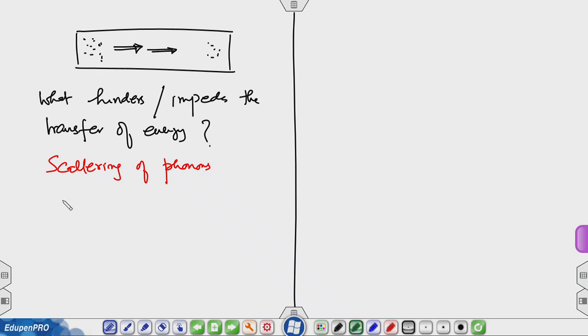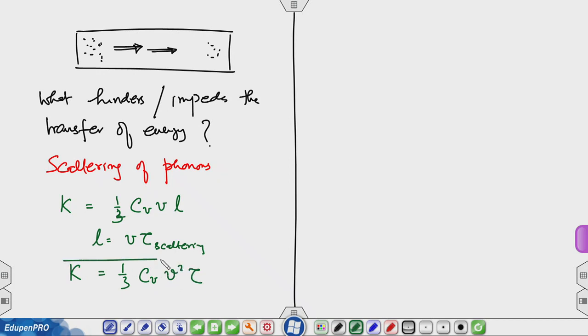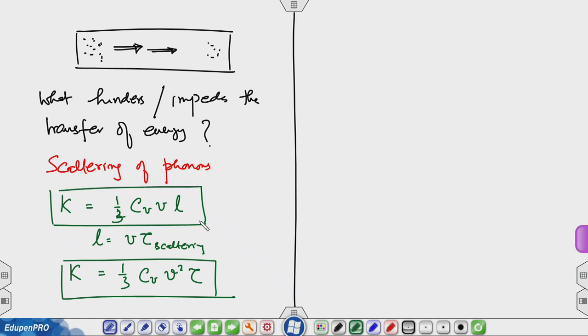So, I have this conductivity equals 1/3 C V V L, and L is V times tau scattering. So, thermal conductivity kappa is going to be 1/3 C V V square tau, either this or the upper one. So, let us see what happens at low temperatures.